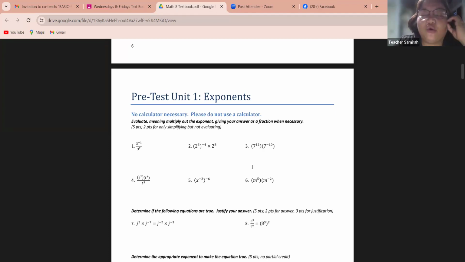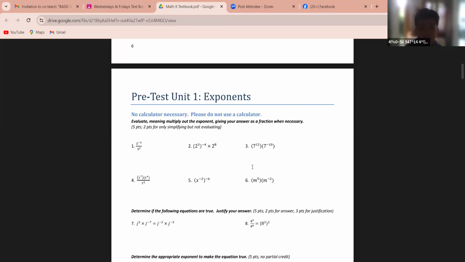What are you going to do if you have two of the same variables being divided together, having exponents, considering that the number or the variable is the same? If we added the exponents for the product, what are you going to do with the exponent if we are going to divide it?